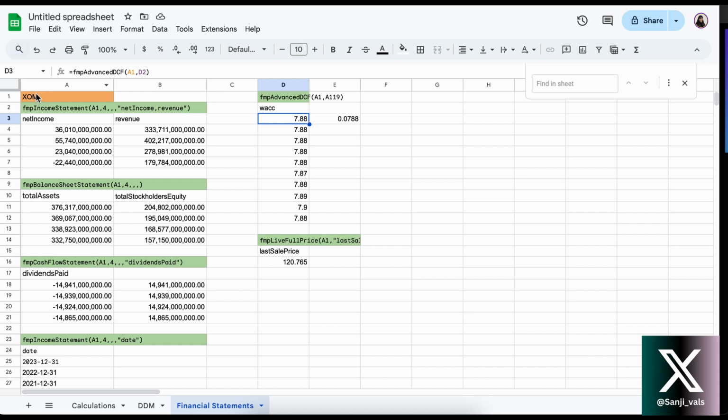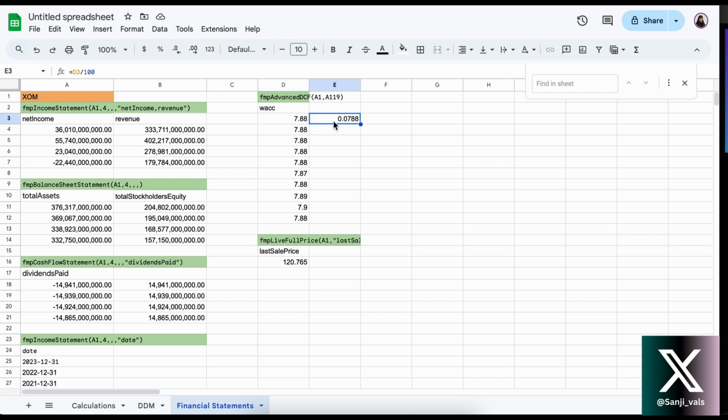A1, again, it's a stock ticker. And I'm putting here D2 because D2, as you can see, that's the name of the field, WACC, or weighted average cost of capital. Simply put, that's the price the company is paying for its debt and for its equity, for attracted and for own funds. In this case, it's 7.88%. That's in percentage.